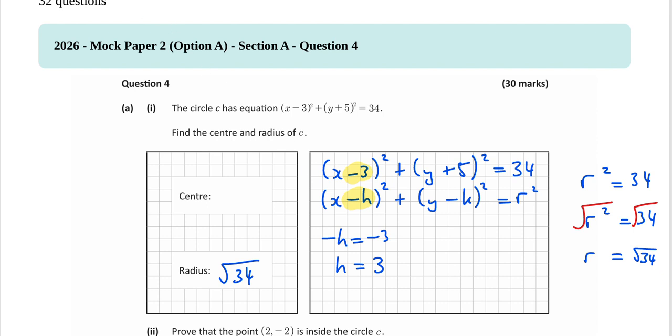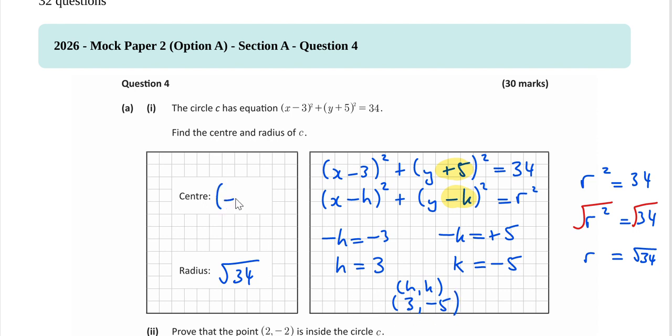On the other side, matching up again, I'm going to match −k to the +5. Multiplying by −1, k is equal to −5. A coordinate pair always comes in the form (h, k), which gives us (3, −5).